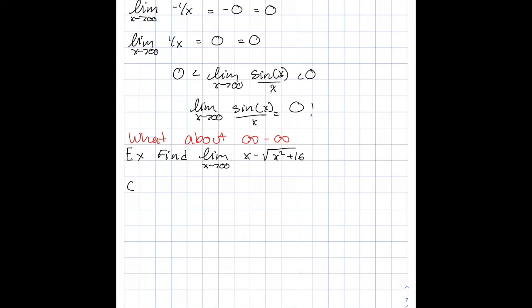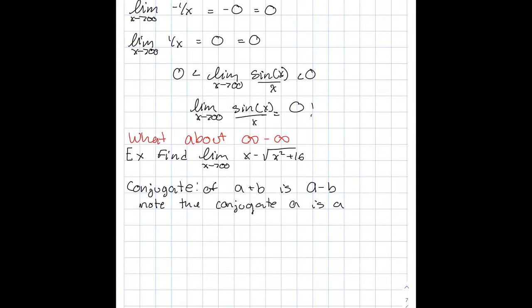So we're going to multiply by the conjugate. The conjugate of a number a plus a number b is a minus b. Note that the conjugate of just a number, let's call it a, is a, because a is like a plus 0, so its conjugate would be a minus 0.